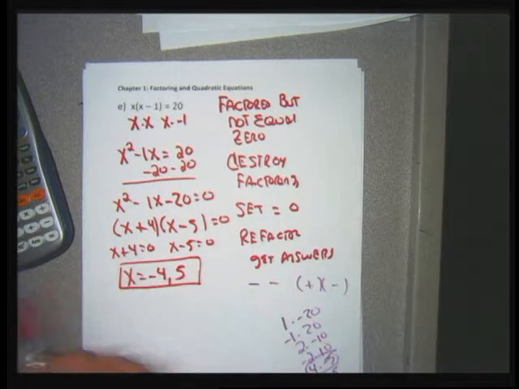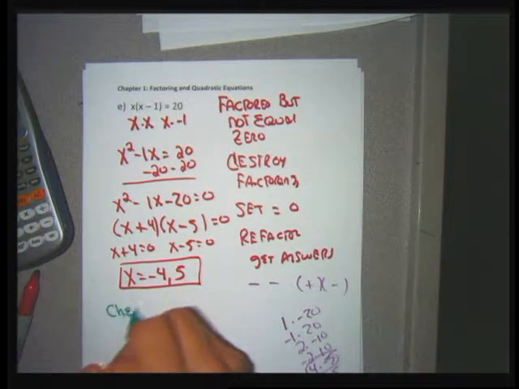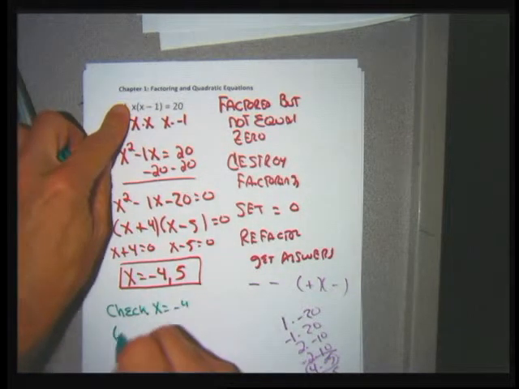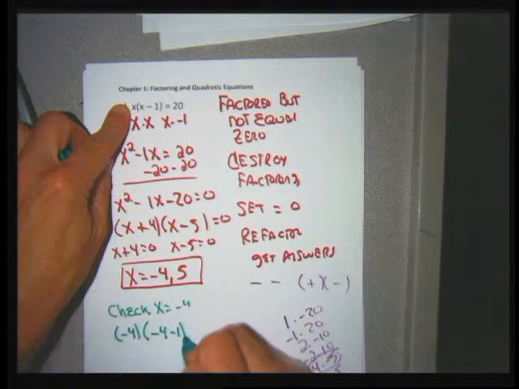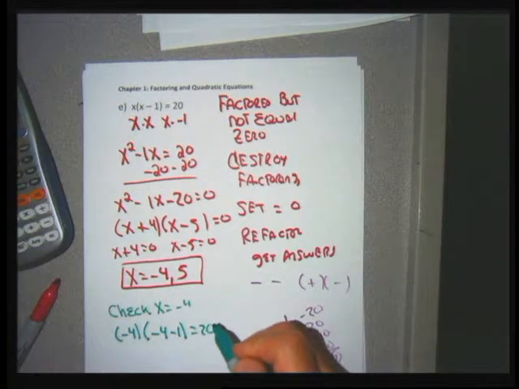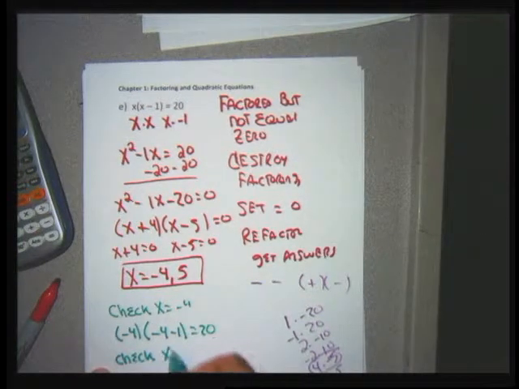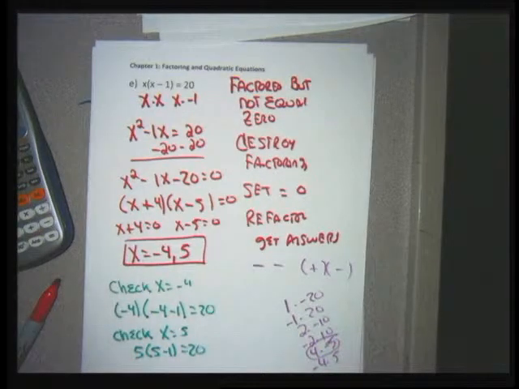I should check them because it's not that hard to check. So to check the x equal to negative 4, I'll go to the original problem, and I'll go negative 4 times negative 4 minus 1, and that has to equal 20. And then I'll do the same for the 5. I'll go 5 times 5 minus 1, and that has to equal 20. If they don't wind up equal 20, then I've messed up somewhere.